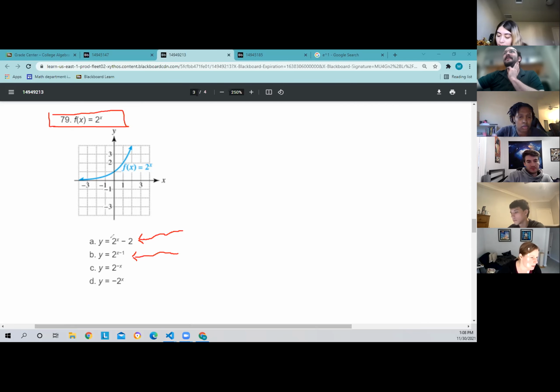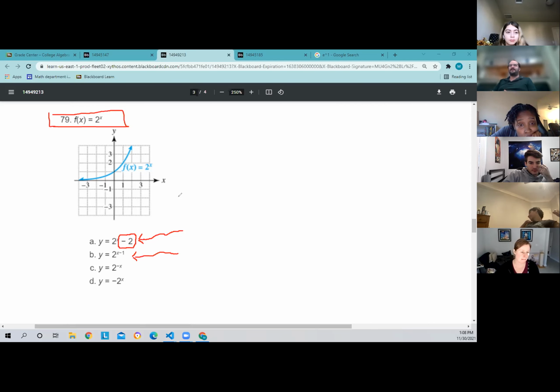So if I look at something like A, I see a 2 to the x, but I see this transformation -2. Is that going to happen to my x value or my y value? Would it be your X value? No, your Y value, because it's going down with -2, is reflected down.